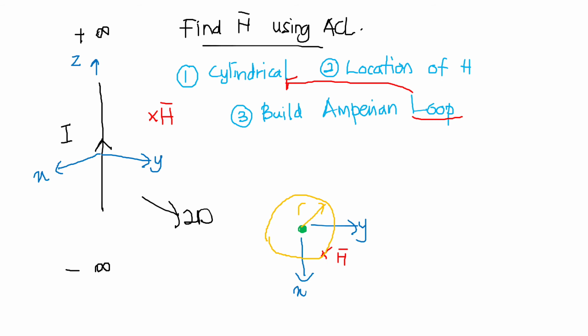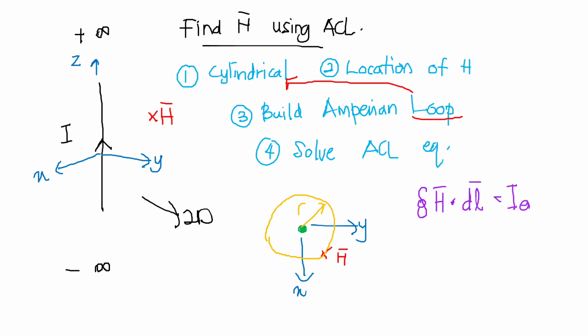Okay, then the fourth step is we need to solve the ACL equation. The general equation of the ACL is the closed integration of H dot dl is equal to I enclosed.